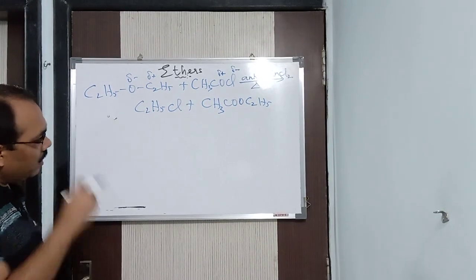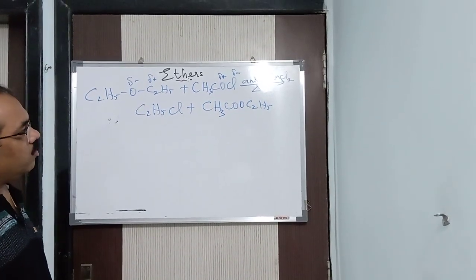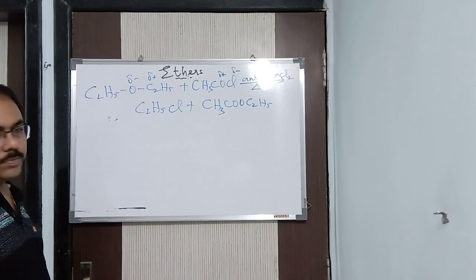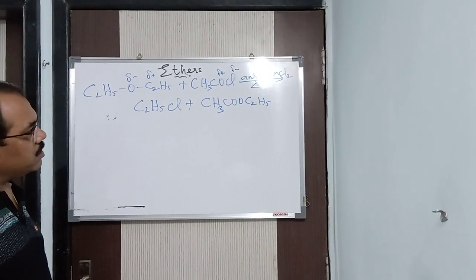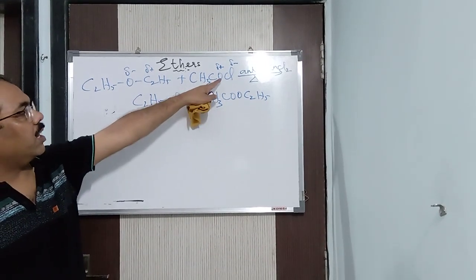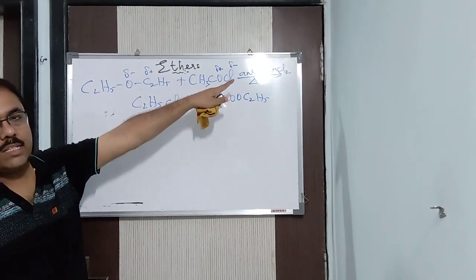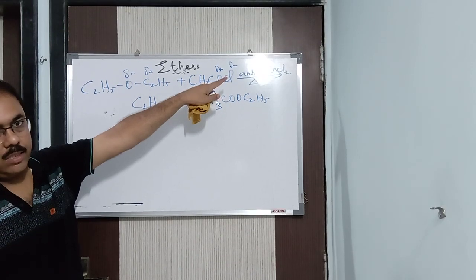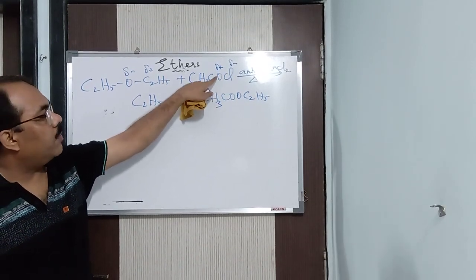Clear? Now the question comes: why have I taken anhydrous ZnCl2 there? What is its function? It acts as a catalyst, anhydrous ZnCl2. It helps in the cleavage of this particular bond, because it also acts as a Lewis acid. It helps in the cleavage of this carbon-chlorine bond.